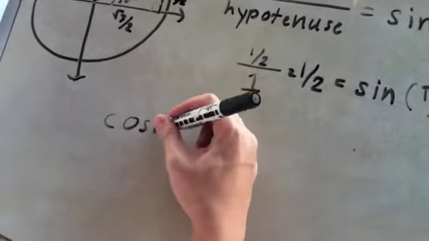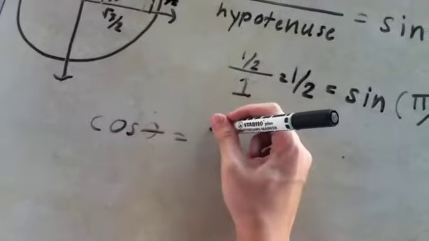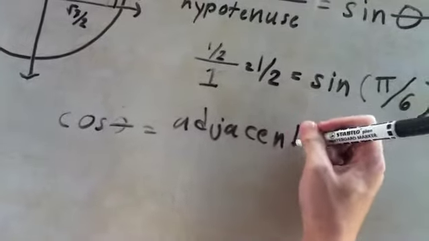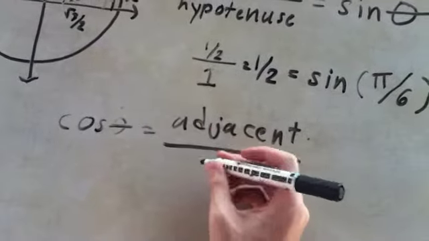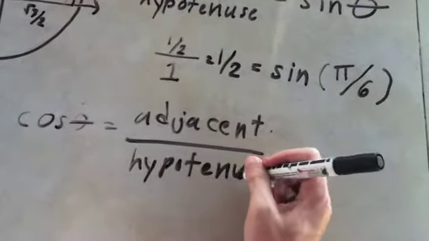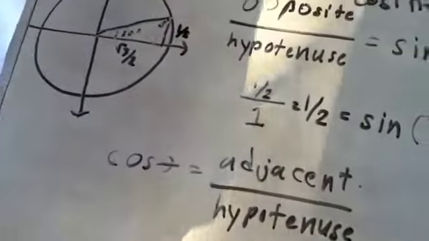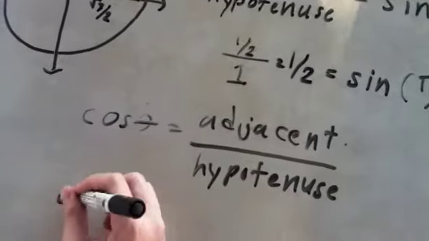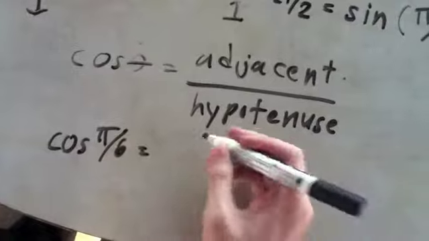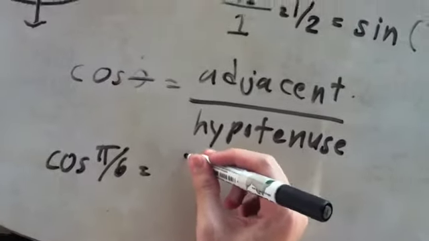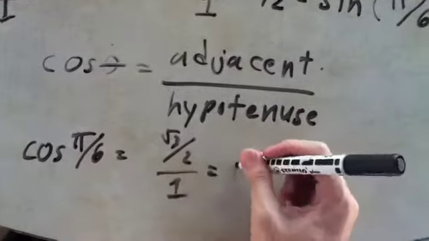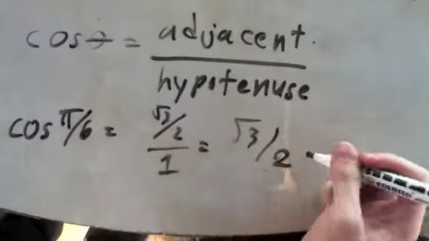Cosine theta is equal to adjacent over hypotenuse. Which means that cosine pi over 6 is equal to square root of 3 over 2 over 1, which then would be square root of 3 over 2.